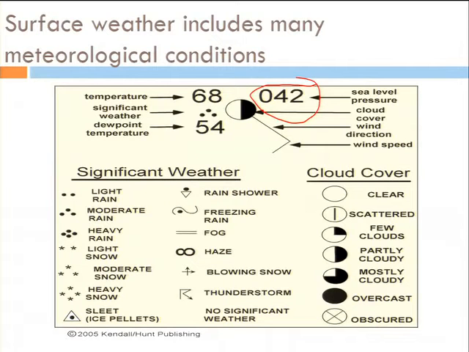Okay? So since you see a 0.42 here, your pressure is actually 1,004.2 hectopascals in this case. If the number you saw there was 721, then your pressure would be 972.1 hectopascals, because 972 hectopascals is closer to 1,000 than 1,072 hectopascals is.